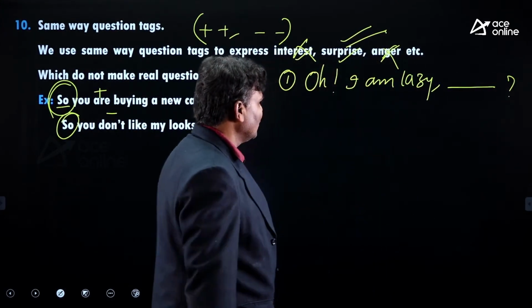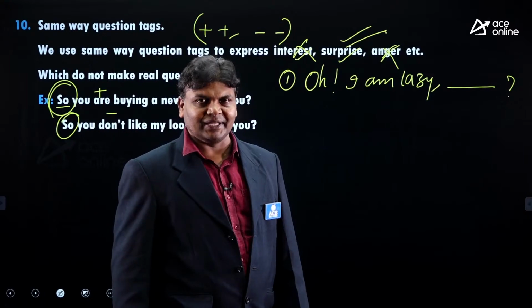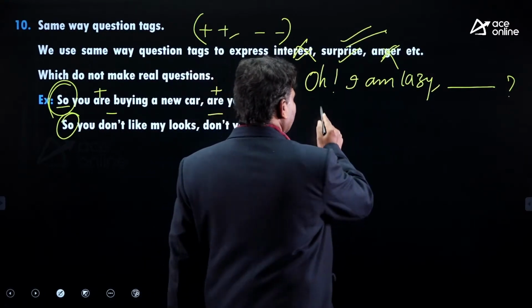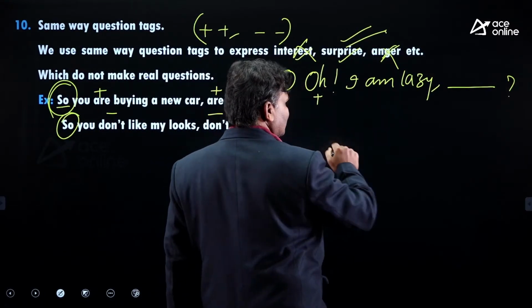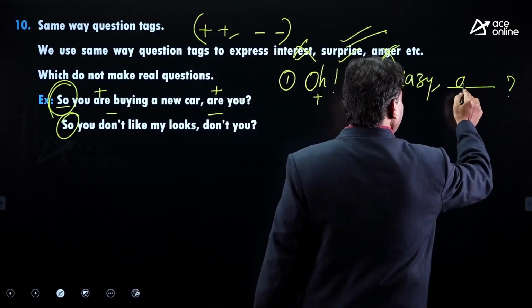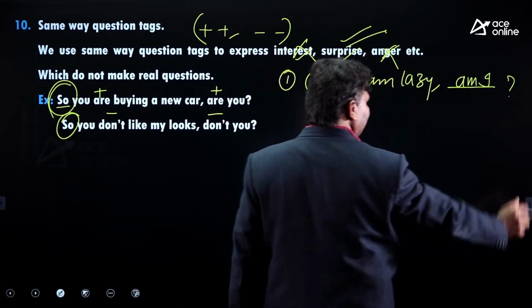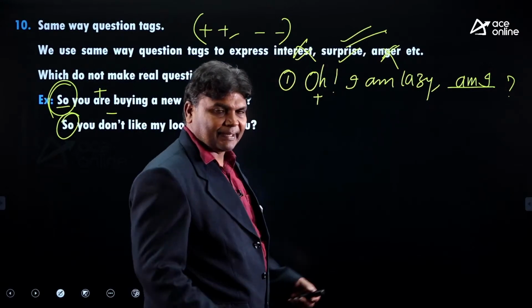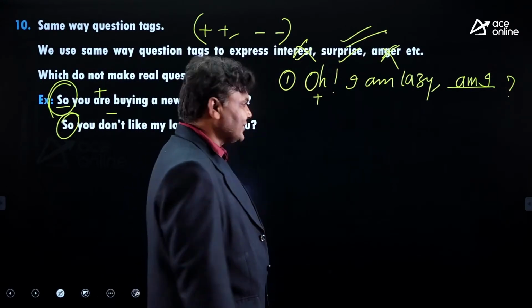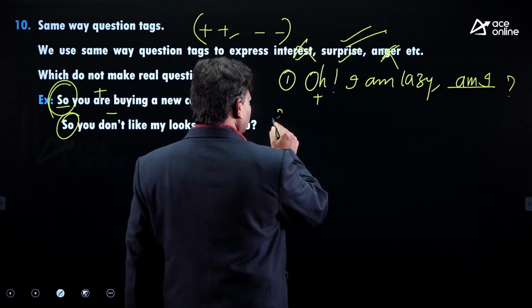What will you give me now? Oh, I am lazy. So which means this is surprise. Positive, positive. Am I is the right answer. Right, students? I'll take one more now.